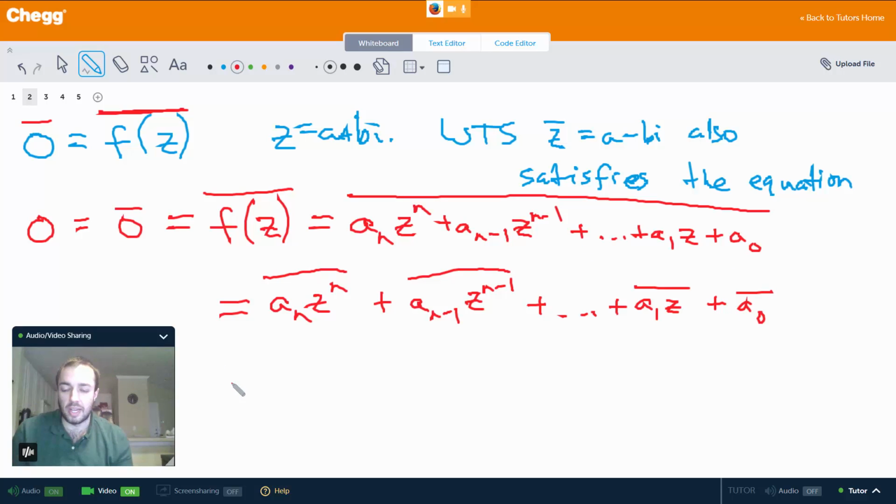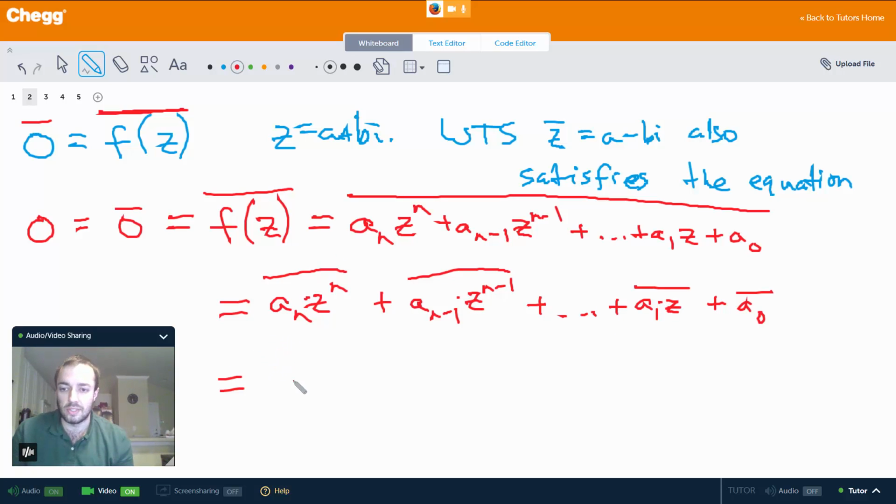Now let's go ahead and simplify further. Just like the conjugate of a sum is the sum of the conjugates, it's also true that the conjugate of a product is the product of the conjugates. So here we have a bunch of conjugates of products: a sub n times z to the n, a sub n minus 1 times z to the n minus 1, a sub 1 times z, and so on.